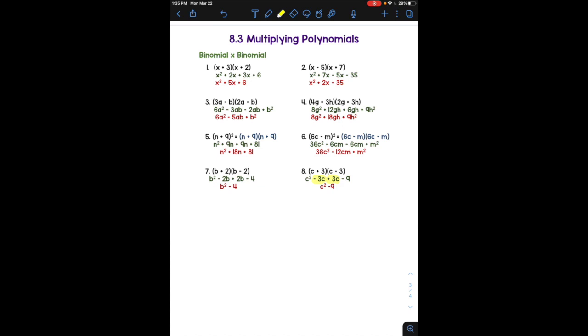Problem number 6 is just like problem number 5, such that when we have two terms squared, we have to remember that we're not just going to square everything inside, but we're going to multiply that binomial times itself, in which we're going to FOIL or double distribute to multiply. We're multiplying the first term times both terms in the second binomial, and then we're distributing the second term.